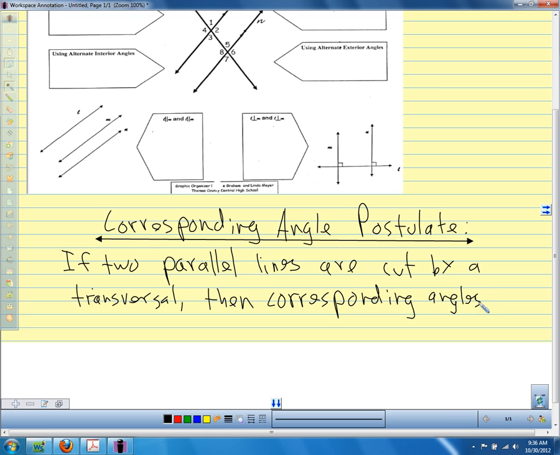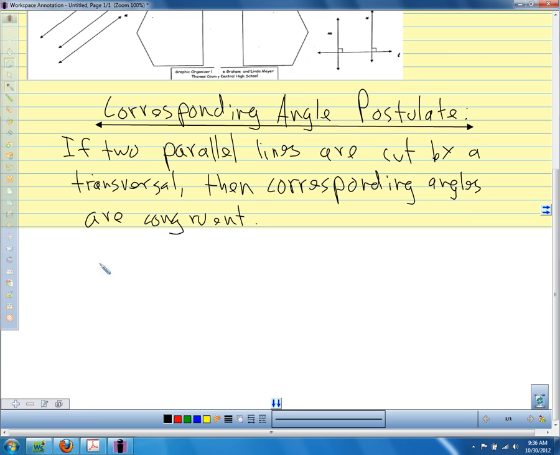I'm just writing out what's in our box on the other side of our graphic organizer in a little more detail. Corresponding angles are congruent. So what we're going to do today is work with the converse of this postulate.